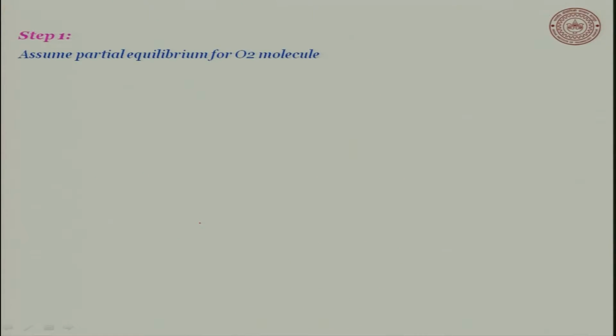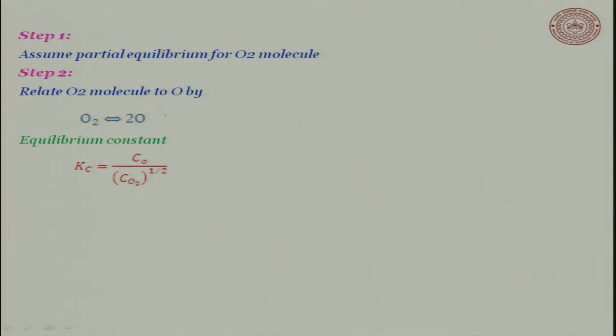Step 1, assume the partial equilibrium of O2 molecules. That means I will try to relate O2 with the O. I will consider O2 getting into 2O and that it has attained equilibrium. From that I will find the equilibrium constant Kc equal to CO divided by concentration of O2 to the half.